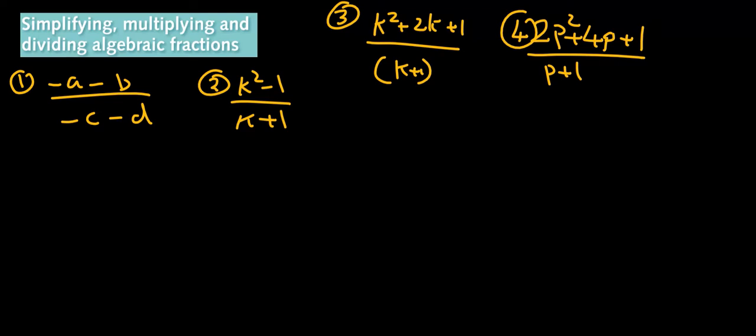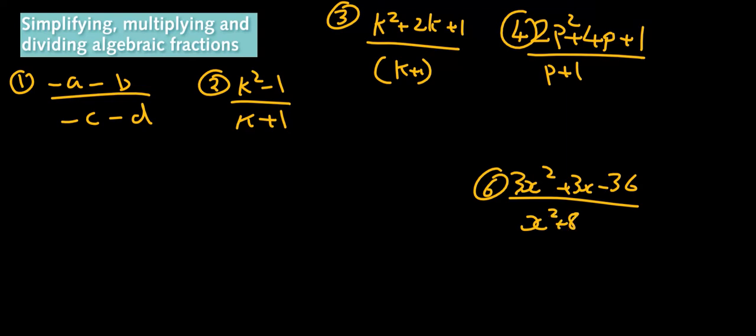And let's do 6 down here. 3x squared plus 3x minus 36 all over x squared plus 8x plus 16.